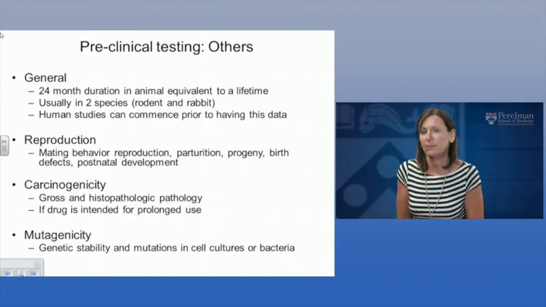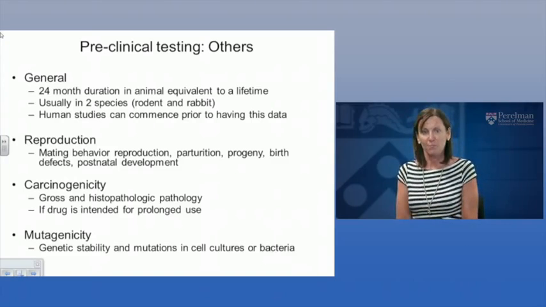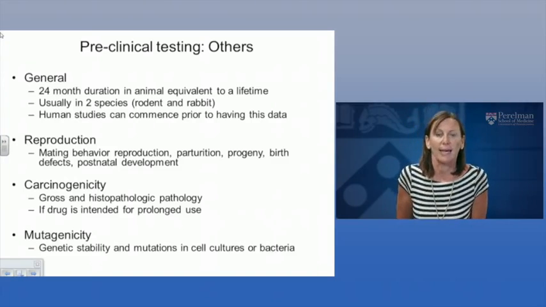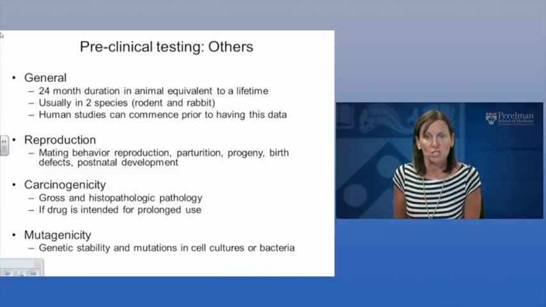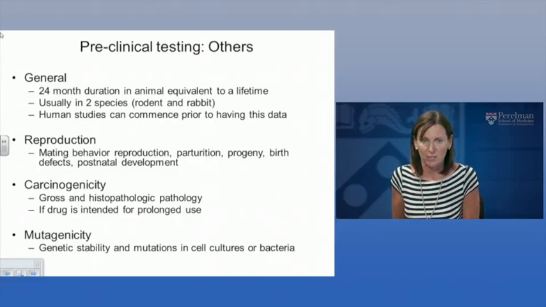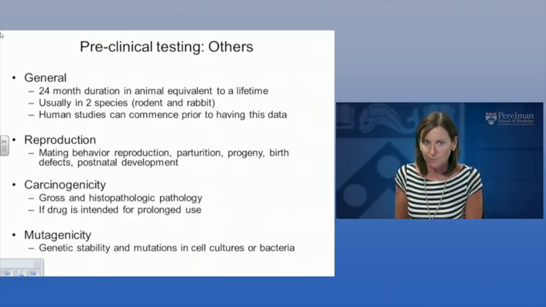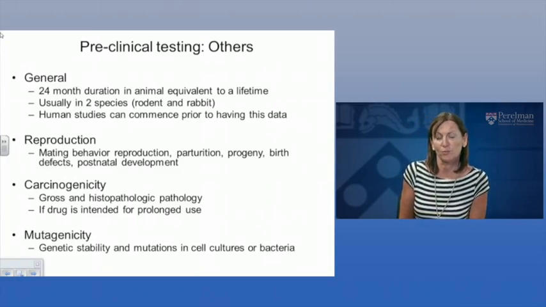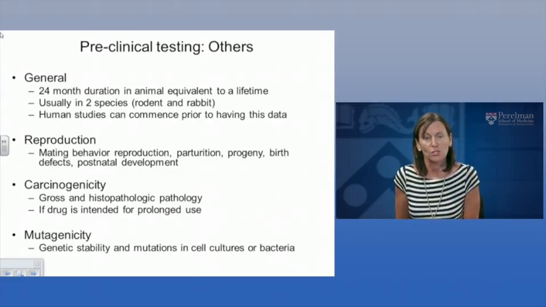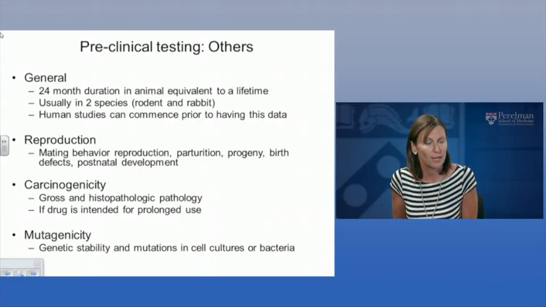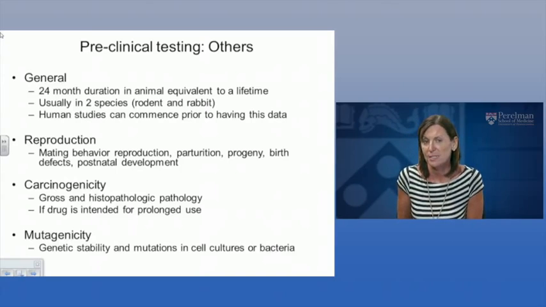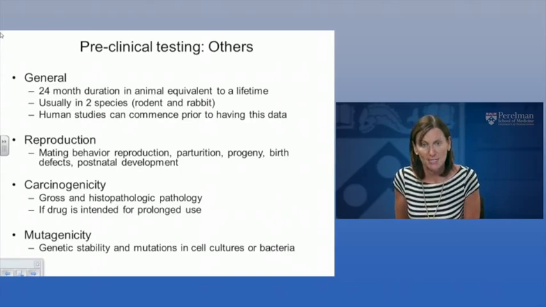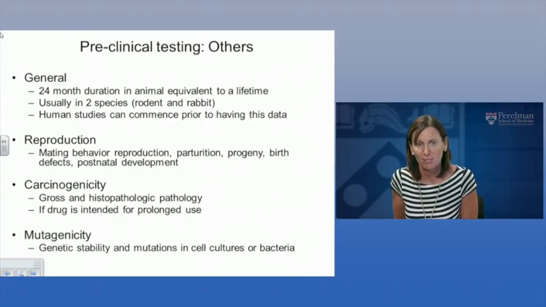In other words, the animal doesn't manifest the toxicity, but there are subclinical manifestations if you look at it closely enough in tissue section. This is particularly done if the drug is intended for prolonged use. So again, the same examples: antihypertensive drugs, drugs for patients who are HIV positive, oral hypoglycemic agents for diabetic patients.